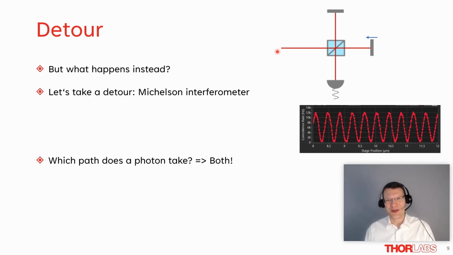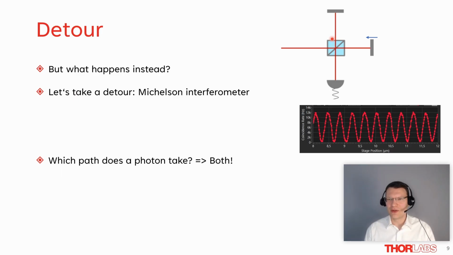And this is where the questionable picture of this little dot flying around as a photon breaks down, because it just doesn't behave like a little dot, it behaves like a wave itself. So if I'm asking the question, which path does a photon take, which is already a bit questionable of saying it like that, the proper answer would be both, right?